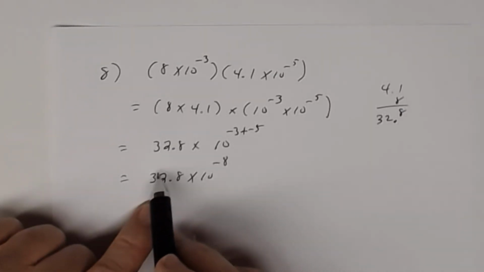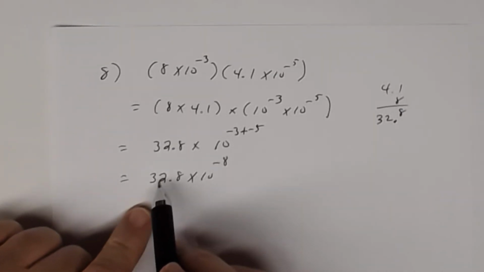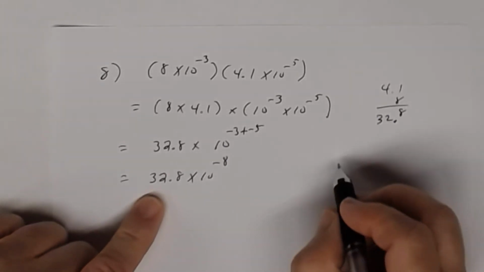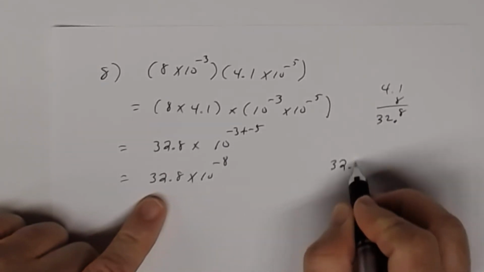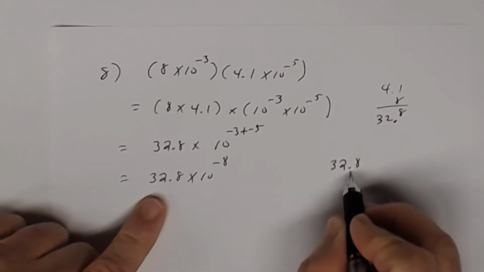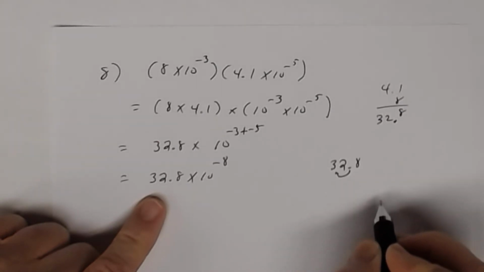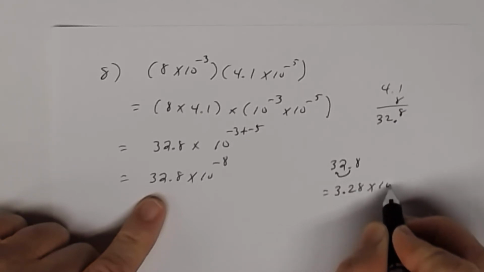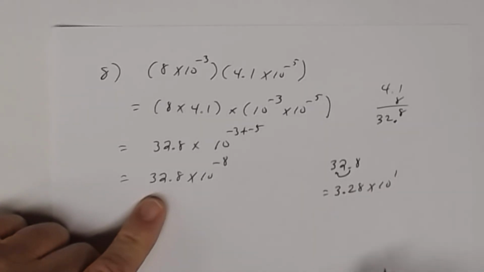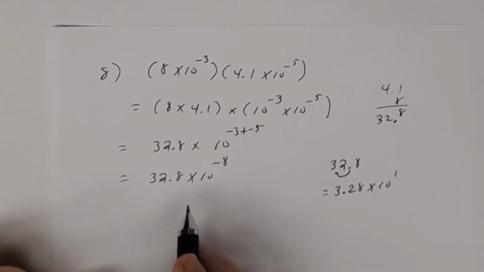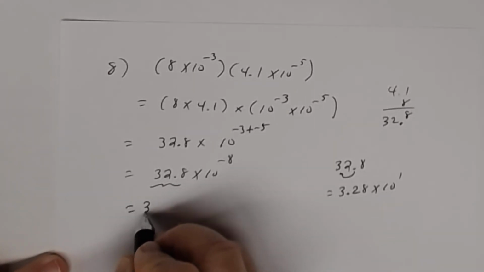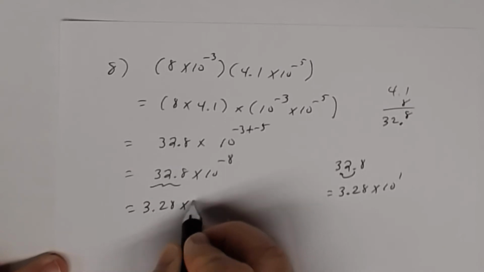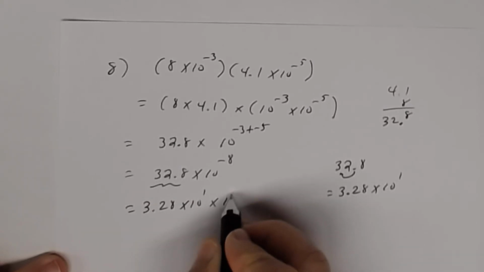All right, now just like we did a while ago, this is not scientific notation because there are 2 digits in front of the decimal point. So we've got to think about what 32.8 is in scientific notation. So I'm going to take this decimal point and move it 1 place to the left. So it becomes 3.28 times 10 to the first power. So I'm going to take this right here, put it here. So that becomes 3.28 times 10 to the first times 10 to the negative 8.